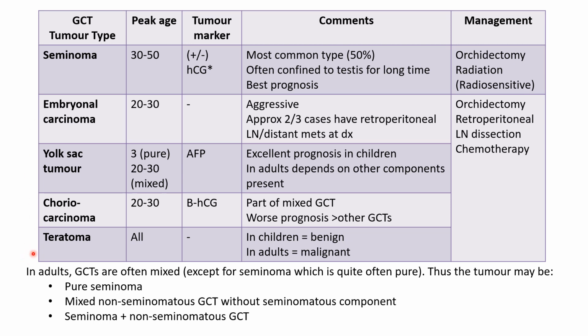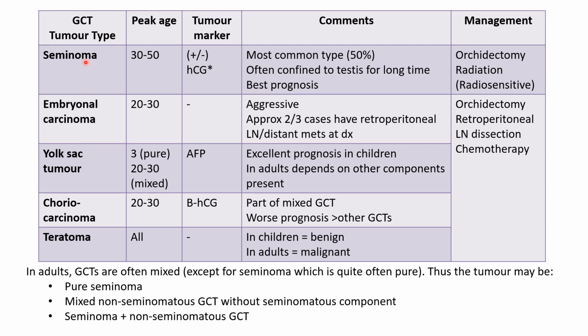For the rest of the germ cell tumors, it is worth mentioning that germ cell tumors tend to occur as mixed type or mixed germ cell tumors. While they can occur in pure form, when I say pure form, it means that the tumor only contains one component.